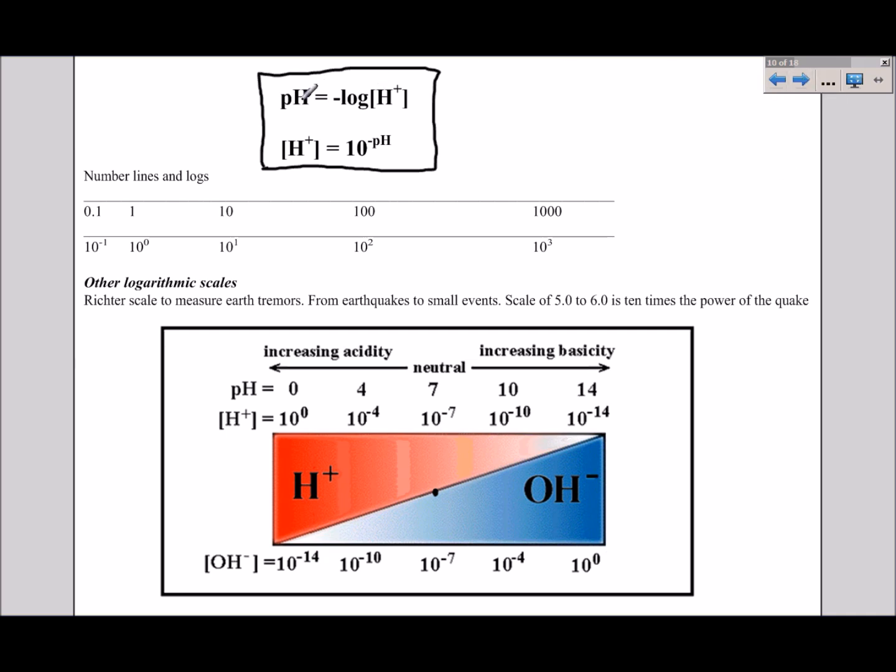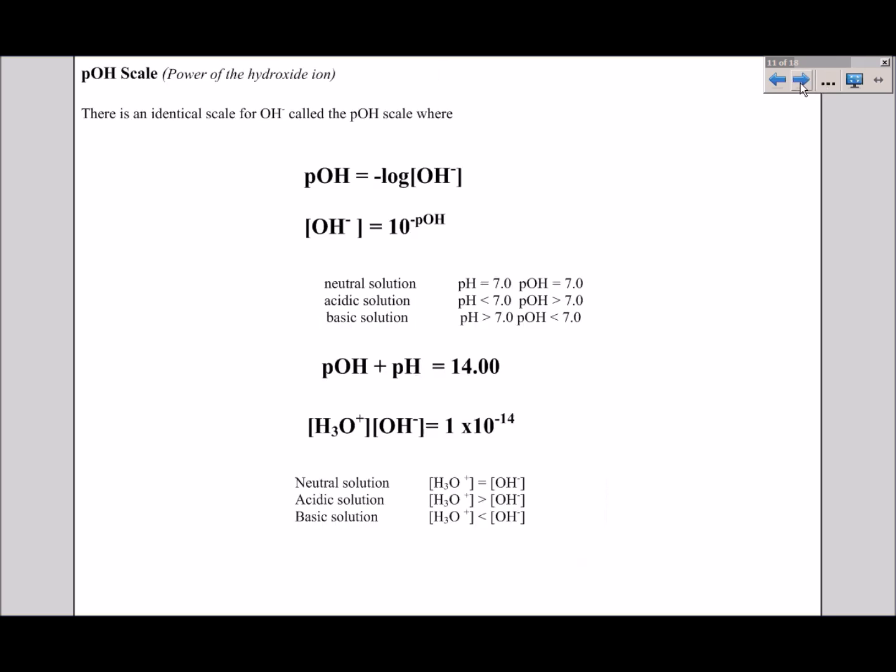Much like we can calculate the pH of the solution by studying the concentration of the H plus, we'll be able to study the hydroxide concentration by studying the pOH. And essentially, we can put anything into a logarithmic scale. We can take the power of anything. So if we look at the pOH scale, we're simply looking at the power of the hydroxide ion in the solution.